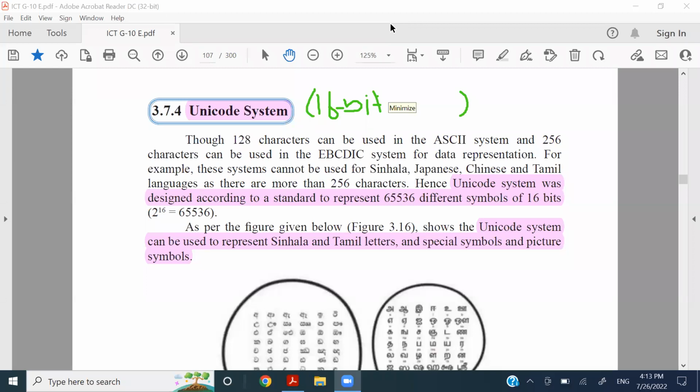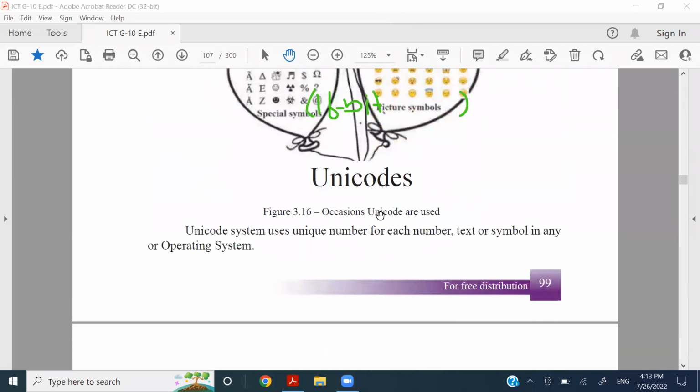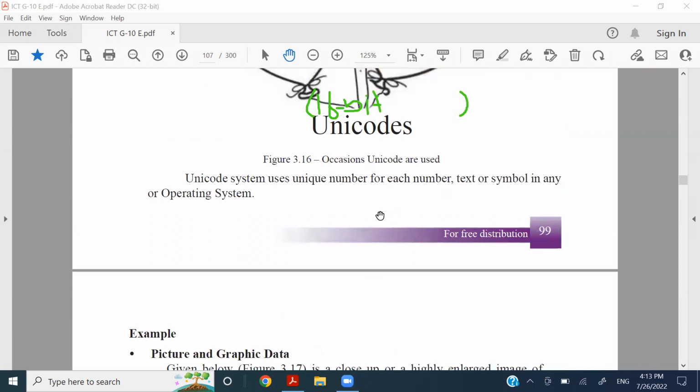Right. Can we move forward? Anyone who is still writing? Okay. So here we go. Have this one.